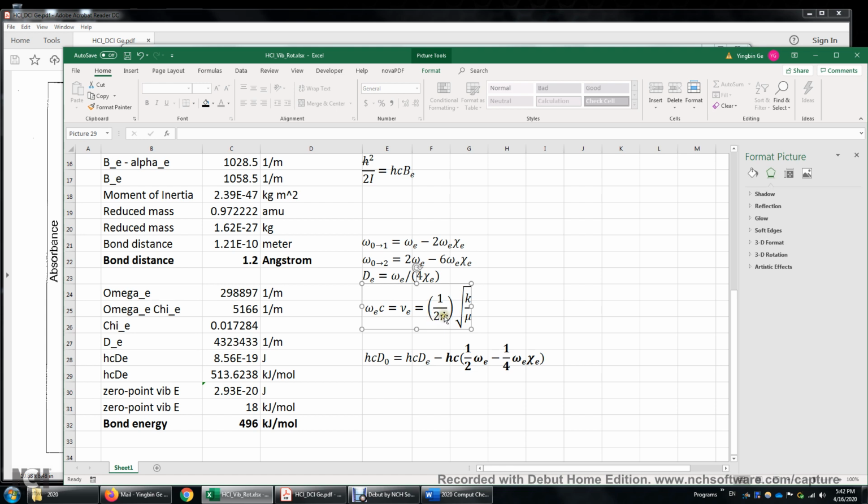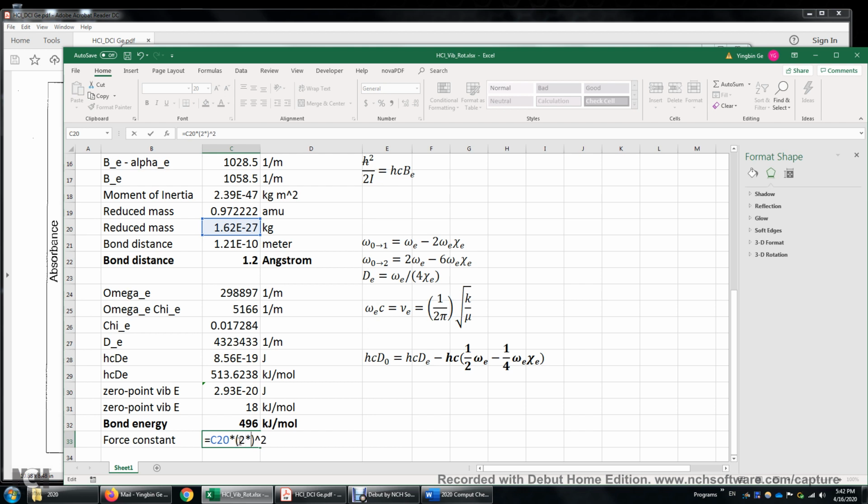We're going to have 2 pi times this omega e times c, and then we square it, and then times mu. So the force constant is equal to mu, so we'll have to find the mu here in the SI unit, times something squared. What's squared? 2 pi times omega e times c, squared.